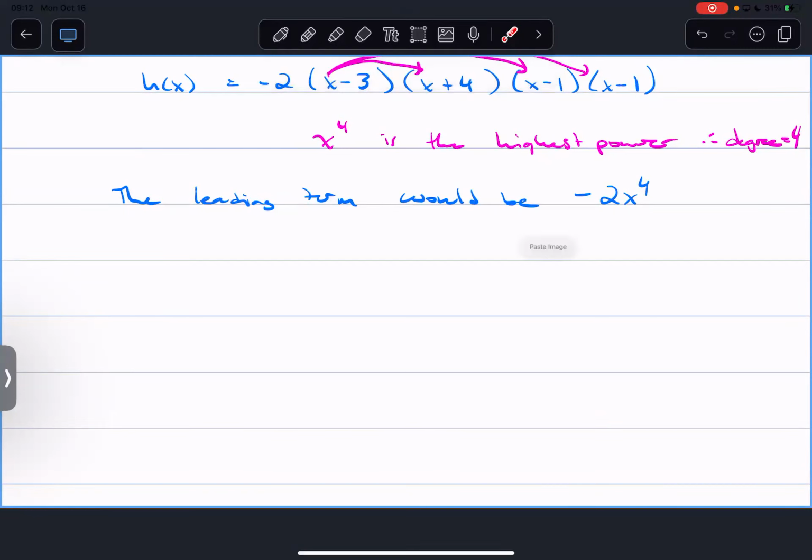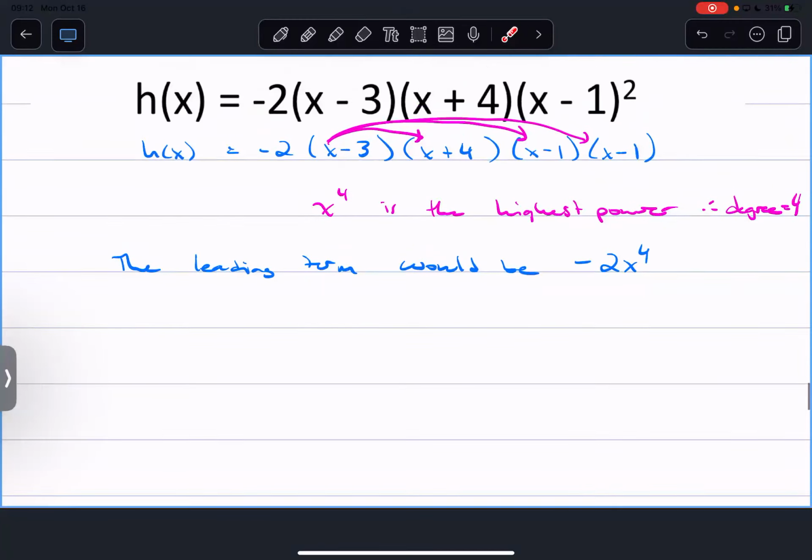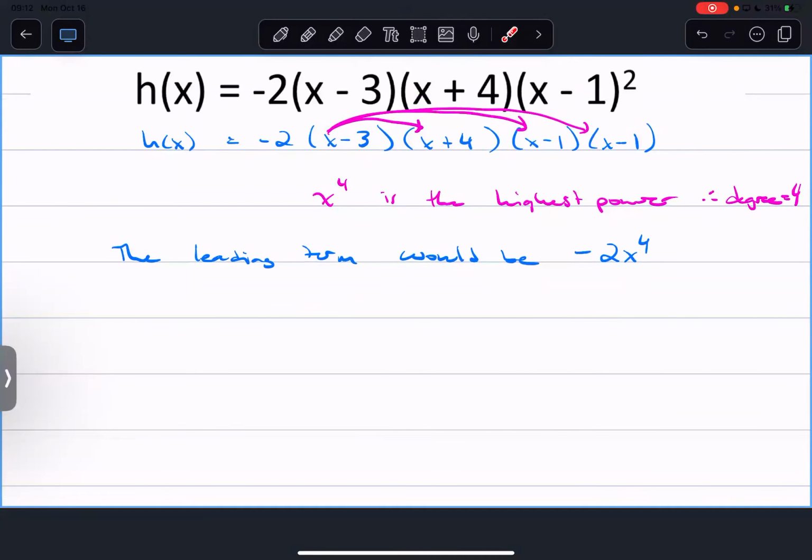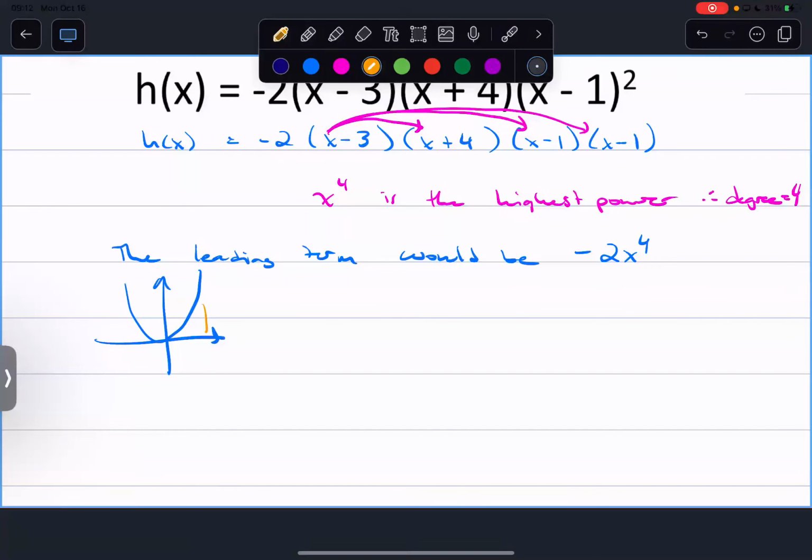So what's the long run behavior of this thing? -2, so the negative takes the x to the power of 4, which looks like a parabola. But then I have a little flip here.